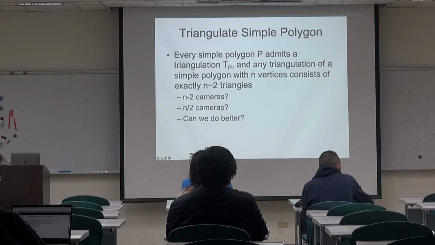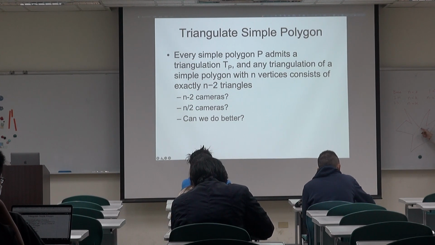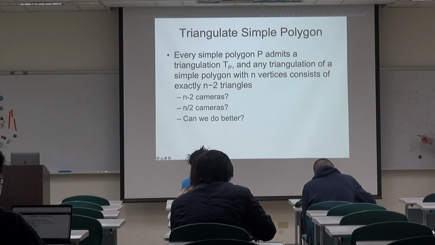For example, for this particular polygon, I can just use this one. I'm sorry, bad drawing. I can use this one, I can use this one, there are many choices in this example, obviously.